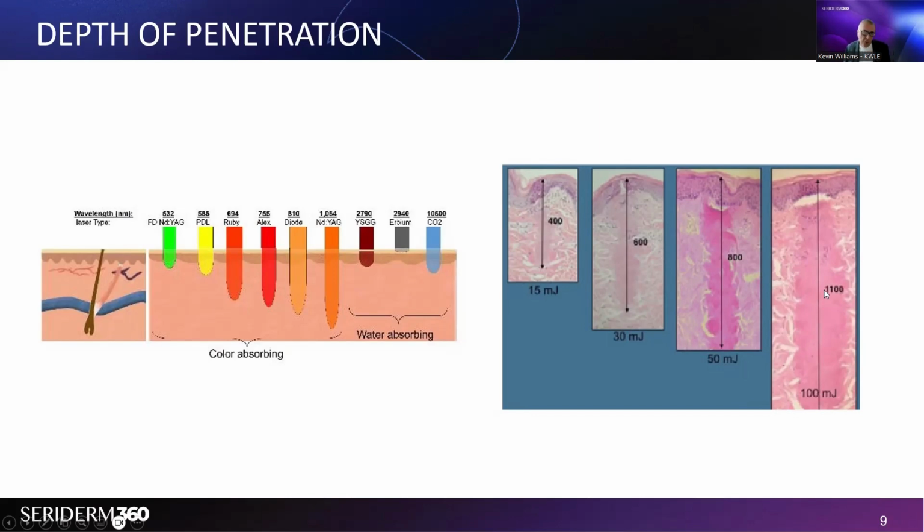So we control the depth of penetration with these water absorbing wavelengths by the amount of energy we use. That becomes important because if I want to go deep into a scar, I need a higher energy to go deeper. So we've learned two ways we can control depth of penetration: by the wavelength when we're looking at color absorbing wavelengths, and by the energy when we're looking at water absorbing.